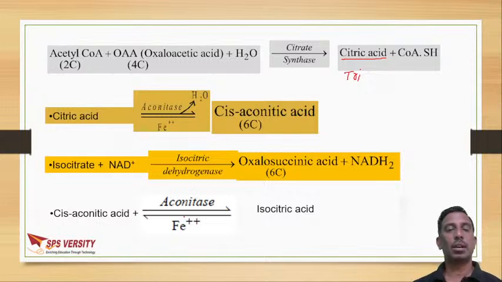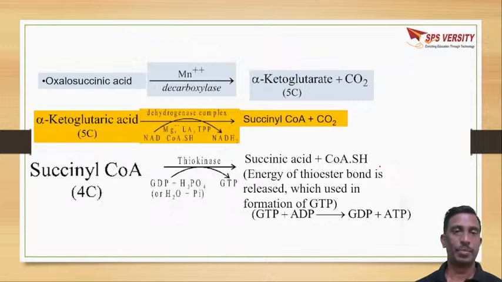Cis-aconitic acid, on hydration, will form isocitric acid. Isocitric acid, on oxidation and decarboxylation, will form alpha ketoglutaric acid and NADH2. This alpha oxalosuccinic acid will undergo decarboxylation and form a 5-carbon compound and release CO2.